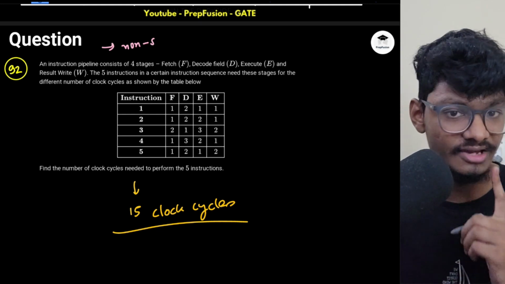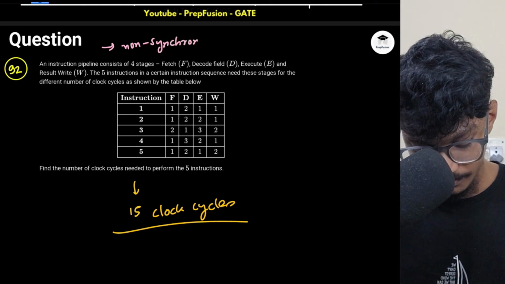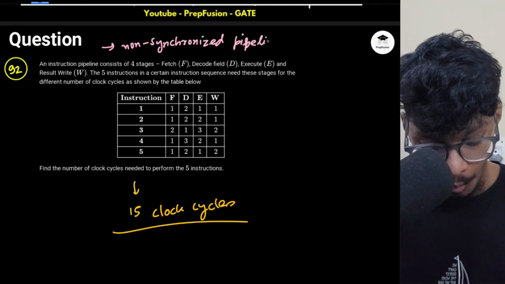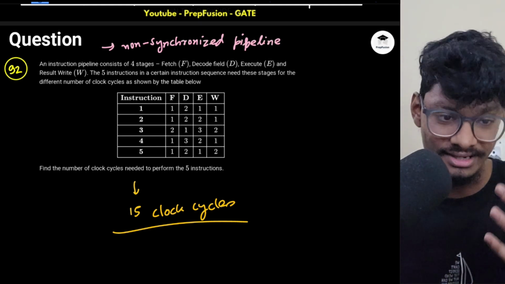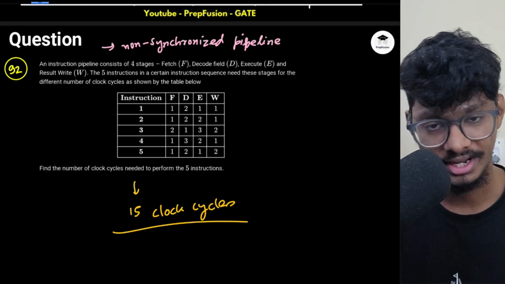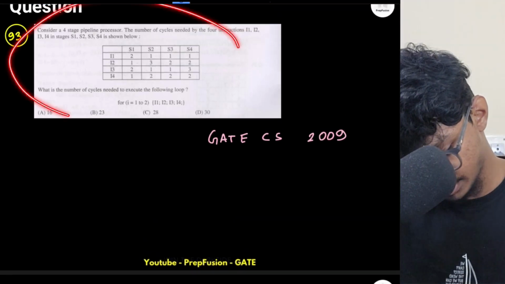Because every stage is not taking the same amount of delay, and you can observe what a hassle this is to compute the total number of clock cycles that the instructions will take. What a hassle. That's why we don't use non-synchronous pipeline. So this is also the same type of question only.